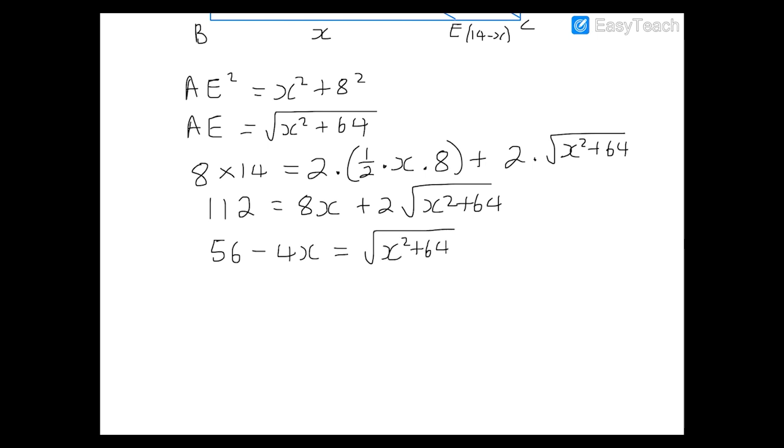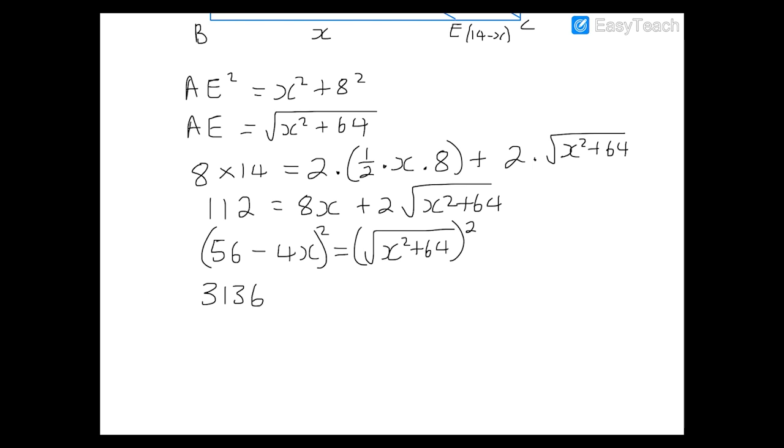It's very important that you learn how to solve square root equations. The trick is just to isolate the square root and square both sides of the equation, so that we can get rid of that square root.